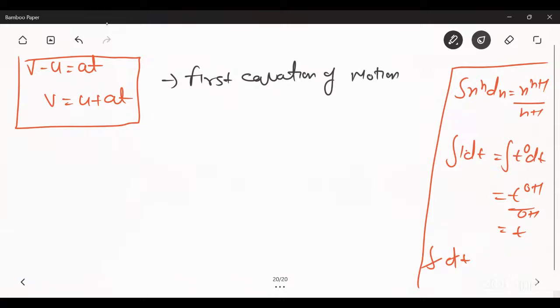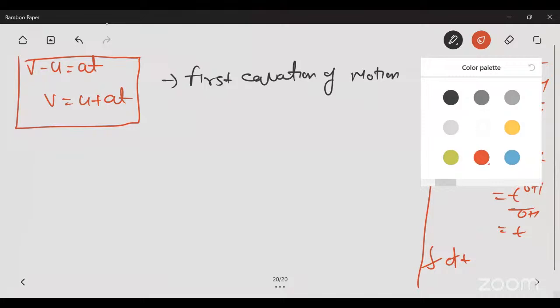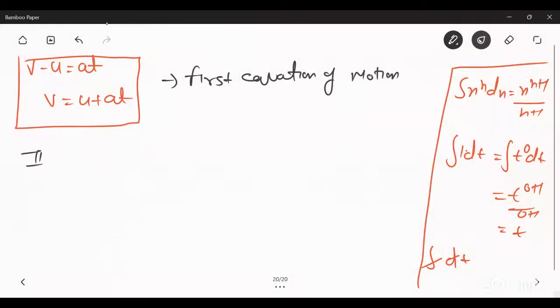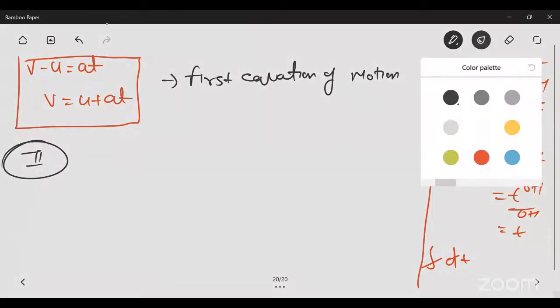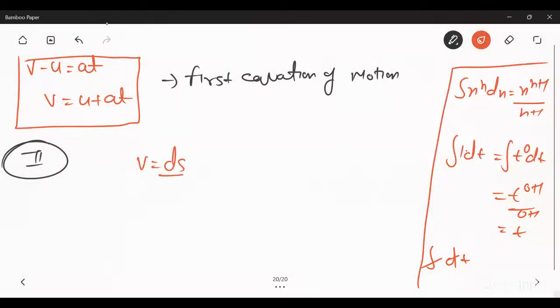Now for the second, s is equal to ut plus half at square. What will we do for the second? We know that v is equal to ds by dt, that displacement upon time is velocity. So ds is equal to v dt. What is the value of v? u plus at.